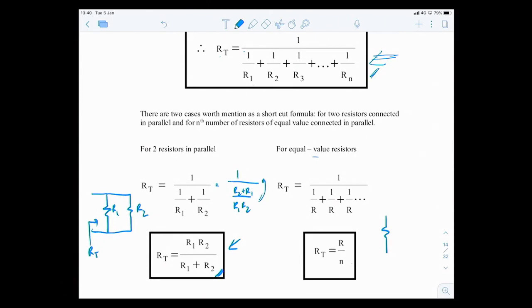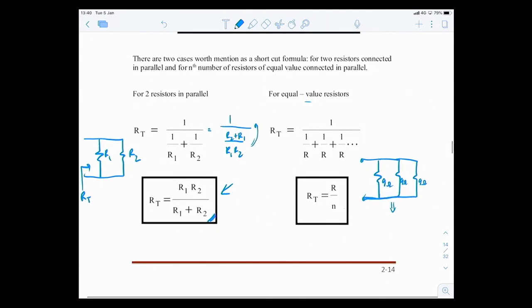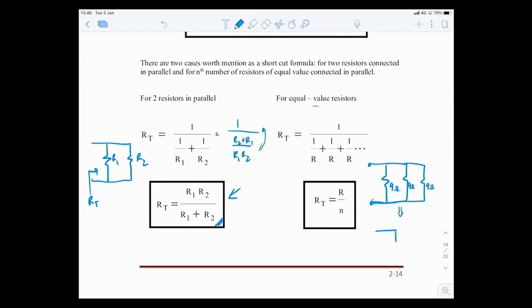So for example, if you have 3 resistors in parallel and each is 9 ohms, then if you combine them together, if this is point A and this is point B, you combine them together, this becomes R, which is the R value, 9, over the number of resistors connected in parallel.